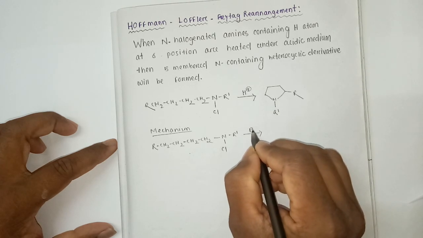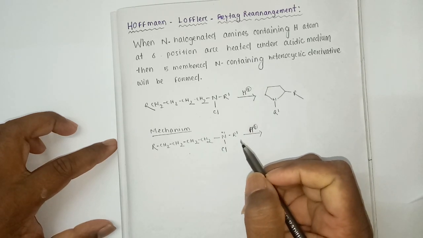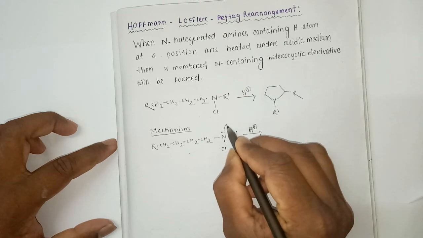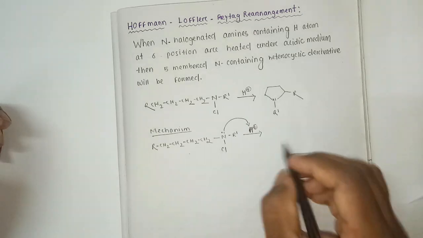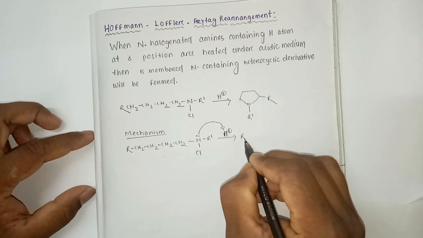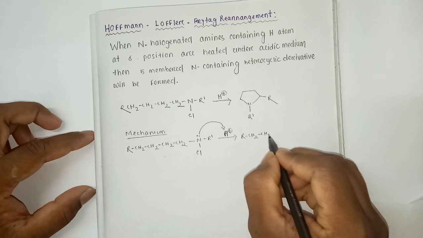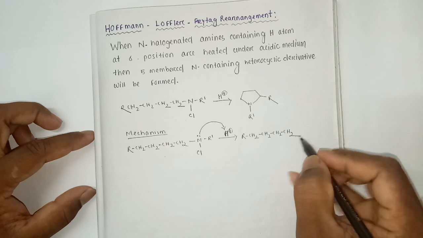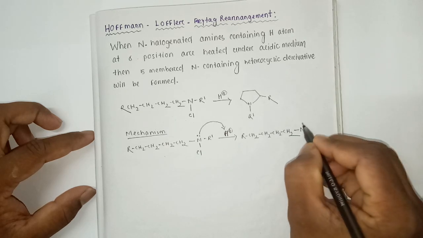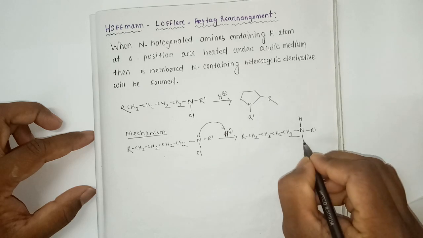In the presence of H plus ion, we know that nitrogen has a lone pair of electrons, and this lone pair attacks the H plus ion. Then we get R, CH2, CH2, CH2, CH2, nitrogen with a hydrogen, the RDS group, and the chlorine atom.